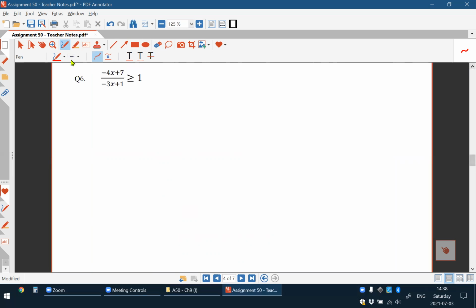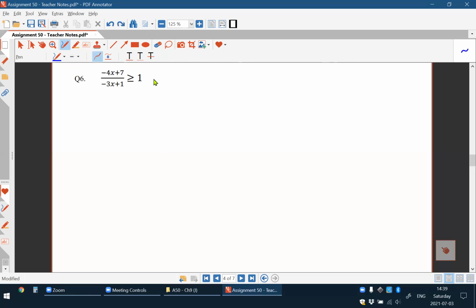Okay, next question, the inequality sign is not strictly greater than or strictly less than, but there is an additional equality sign here, right? In these questions, the process would be slightly different than the previous 5 questions.